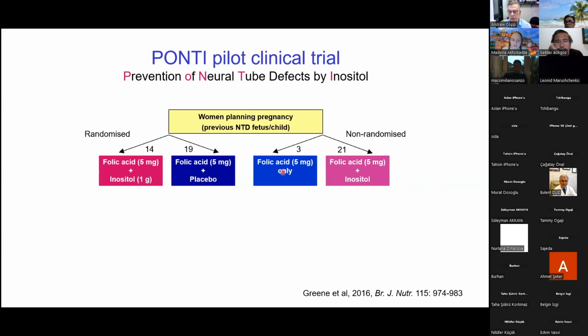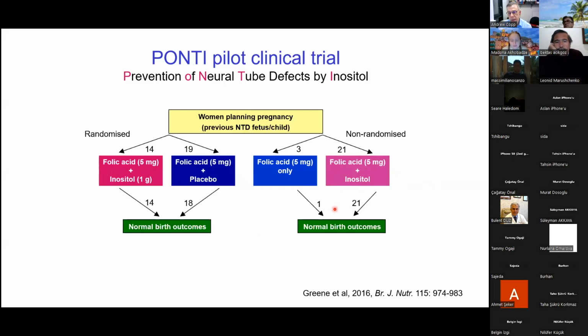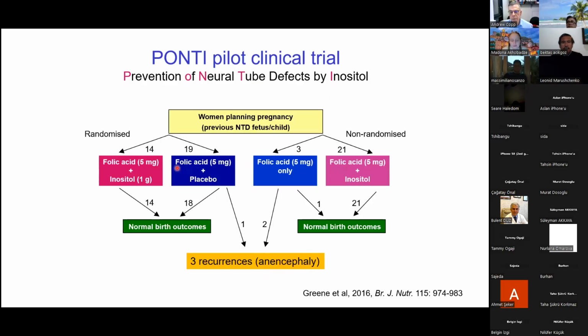So these women were not randomized, but went ahead and had pregnancies, and we followed them up, and the majority took inositol. In this study, the majority of cases had normal birth outcomes, as you would expect, but there were 3 recurrences, all anencephaly in this case, although the original women had had a mixture of myelomeningocele and anencephaly.